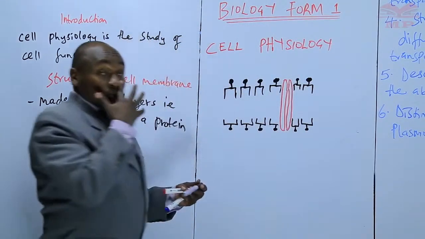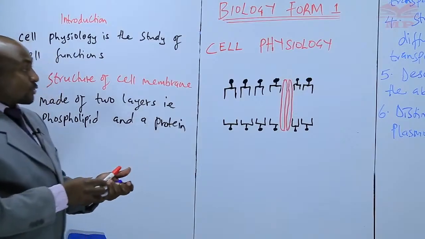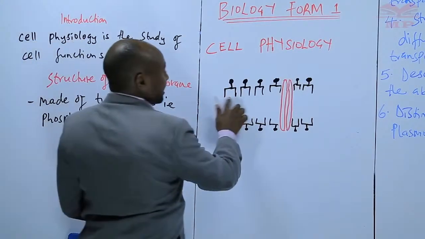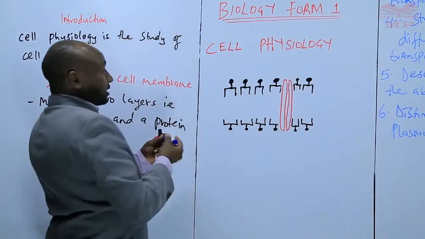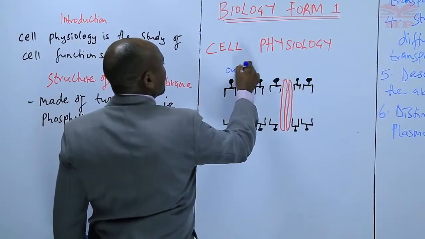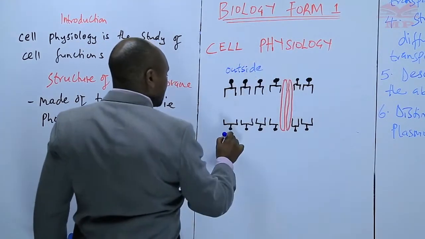So the cell membrane looks like that. First of all, there is the first layer, assuming that this is the outside and this is the inside.